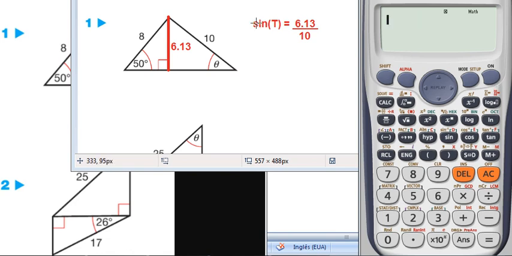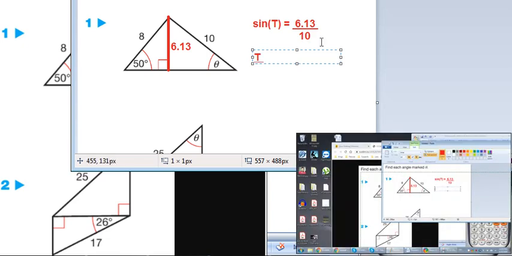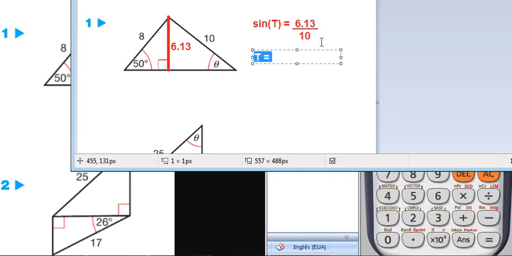The inverse function of sine, not tangent, of 6.13 divided by 10.